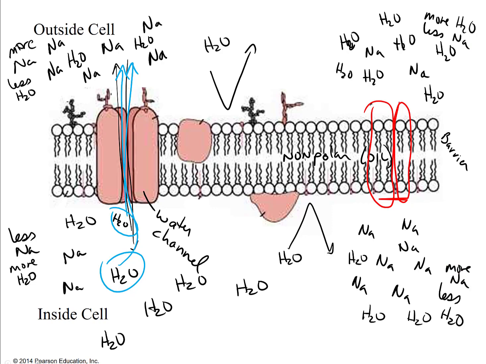That's going to cause water to go which direction? So it's going to go down. So you're going to have water molecules go through the water channel and move in. Not all of them, but again, they're trying to go from high concentration to low concentration, bringing those concentrations into balance.